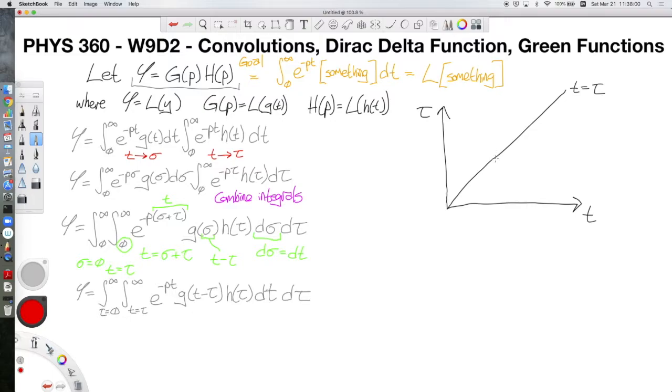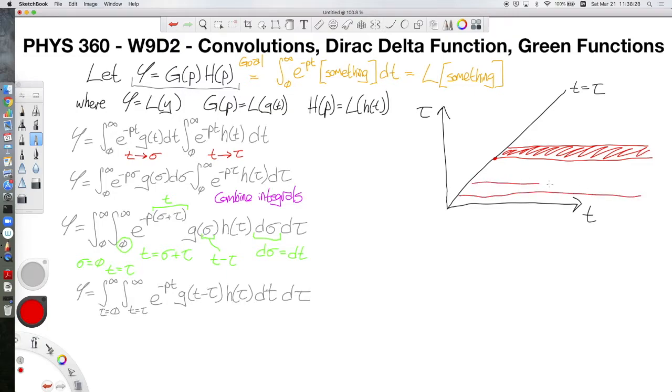So we'd be integrating in terms of little chunks like this, from t equals tau up to infinity, and then let tau go from 0 to infinity.